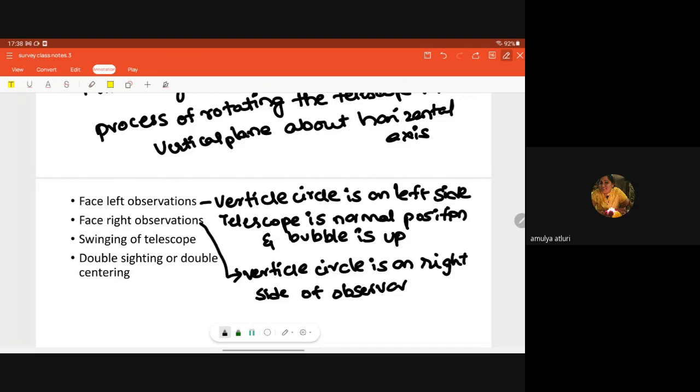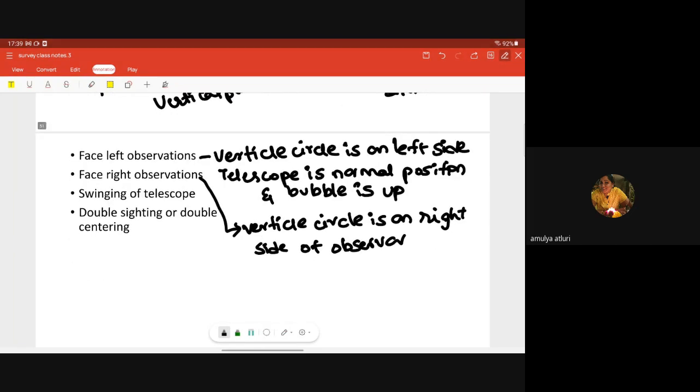By transiting, face left can be made to face right and vice versa. I already told you, it is nothing but rotating your telescope.